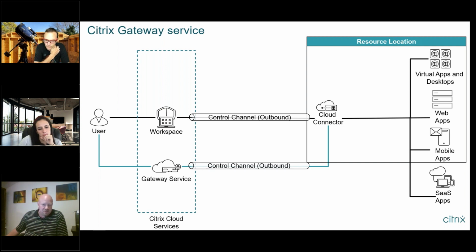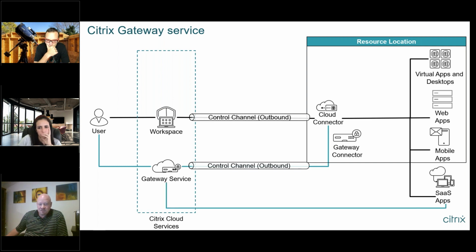And the Cloud Connector, it's just a set of services that run on Windows Server instances. It also uses Gateway Connector for web and mobile apps. And that's just a dedicated software appliance that runs on all major hypervisors. The Gateway Service also proxies Workspace SaaS connections and negotiates single sign-on directly using SAML.